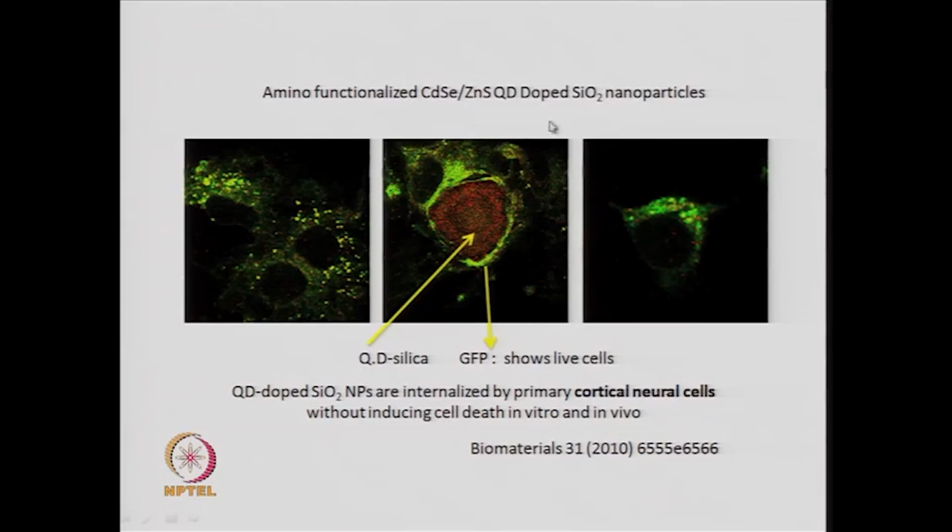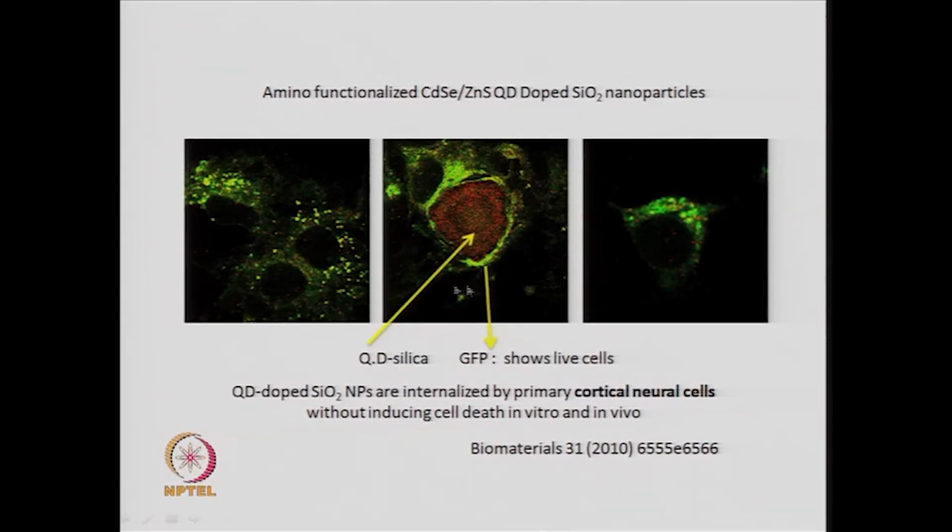Okay. Now, what happens when you put them in a solution along with green fluorescent protein? The red marks or the red points are places where the quantum dot silica core shell nanostructures are. So, here also you can see red spots.